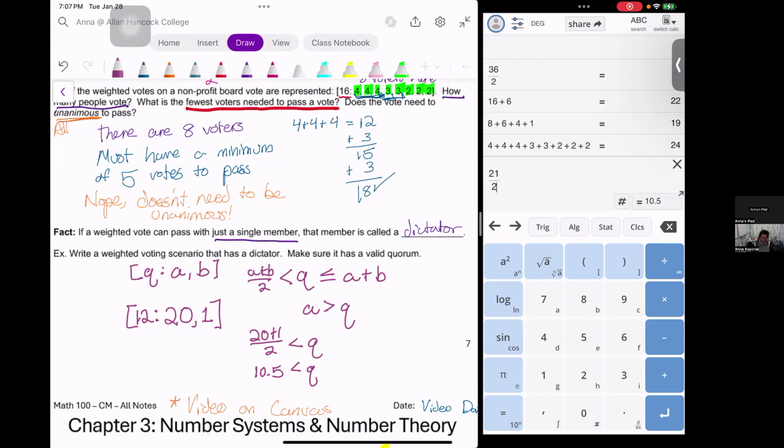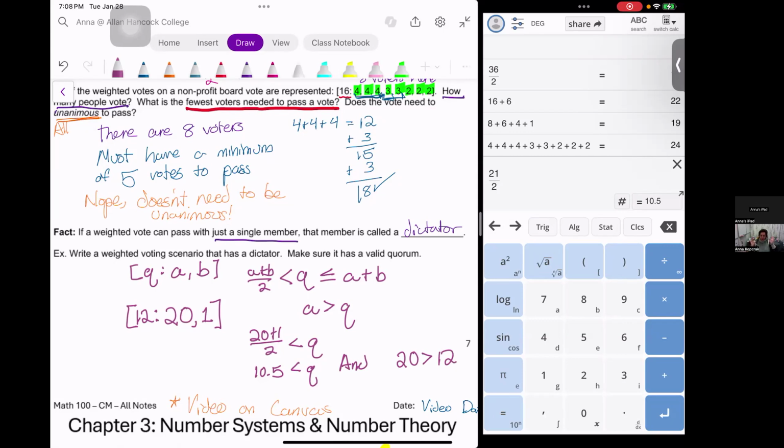And why would I go all the way up to 12? Aha! Because my 20 weighted voter is bigger than the 12. So they are a dictator. I could even do a couple more ones in that list on the vote, and I would still have a dictator.